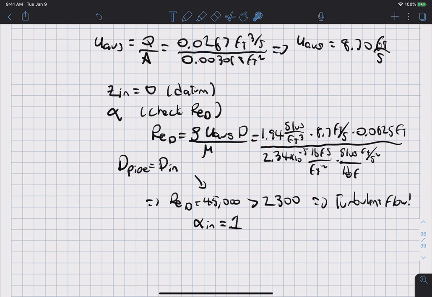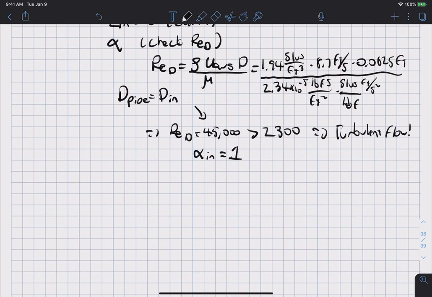So we now know the alphas, the average velocities at the inlet. Now we've got to do the same thing for the outlet state, and that's at the faucet.